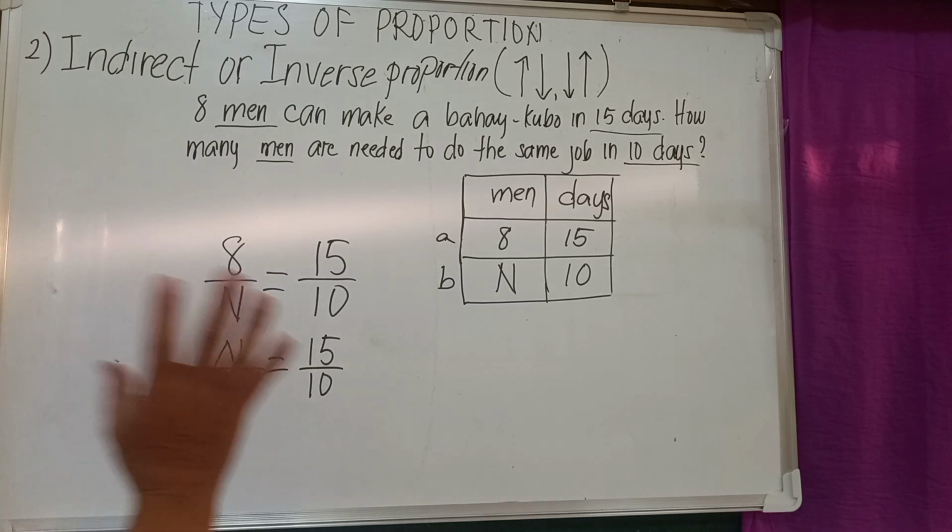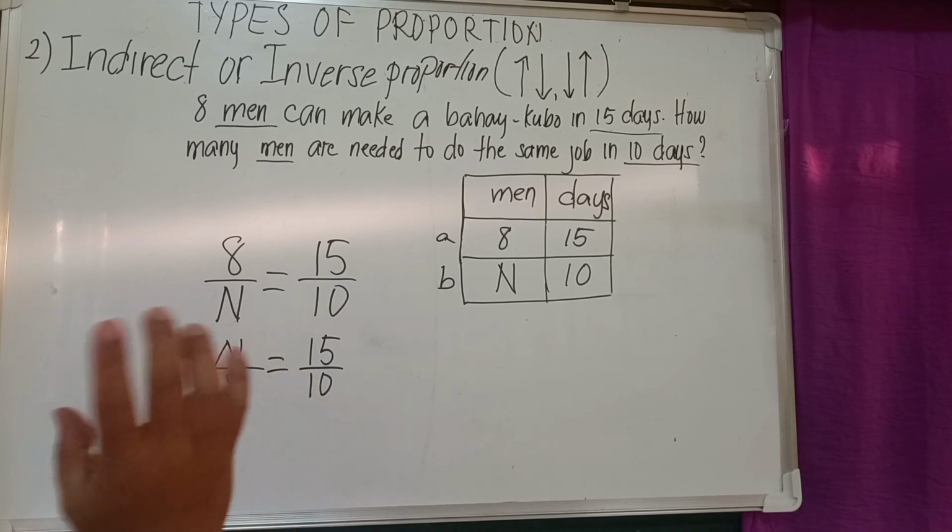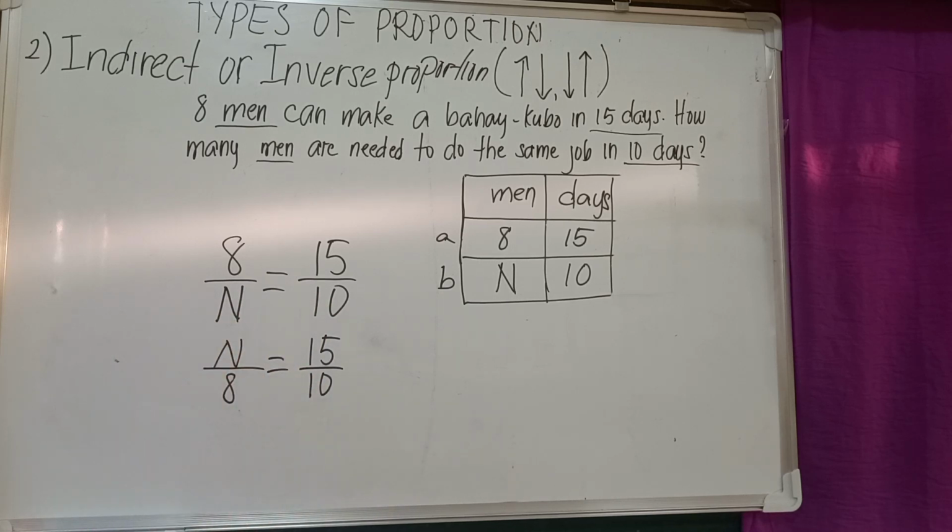Now, dahil gumamit tayo ng fraction form, ayan, sa mga unang videos natin, naipaliwanag natin yan. Pati yung kanina, naipaliwanag na rin natin. So, kapag fraction form, we are dealing with cross multiplication. So, we have n times 10 and 8 times 15.